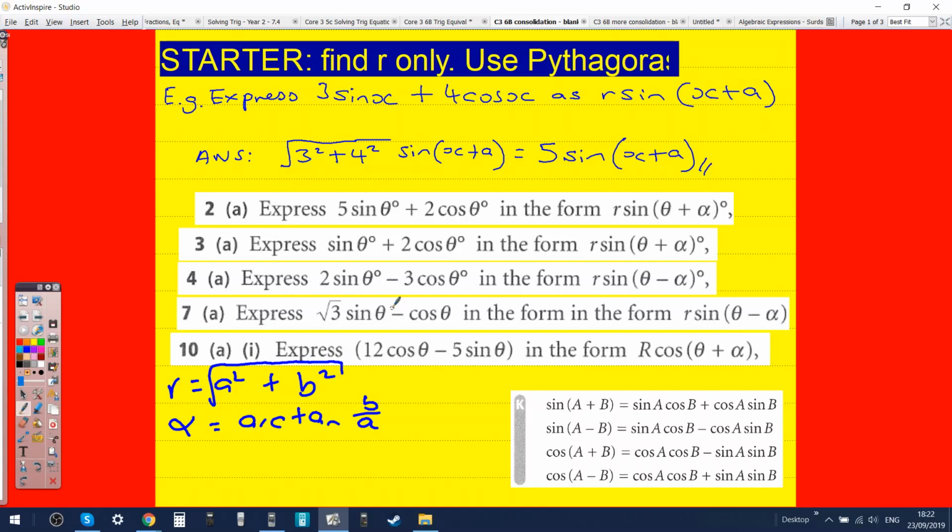So that is root 13 theta plus minus, or, does it become a plus? But they wanted it in the form of minus. Yeah. It would just be minus 56.3. It might have to be.